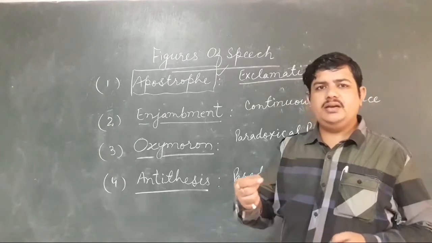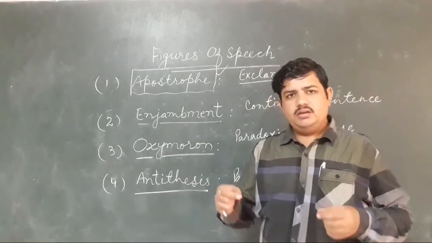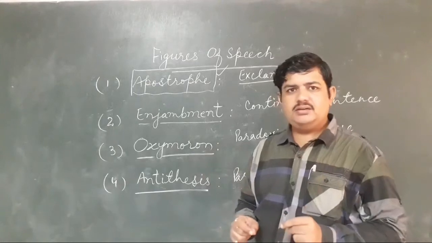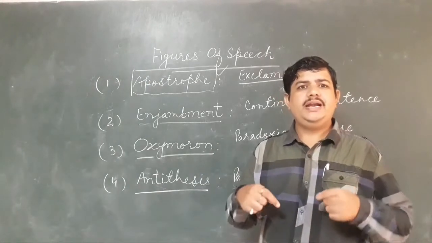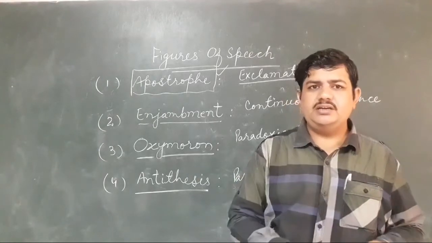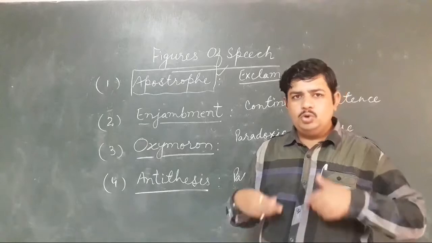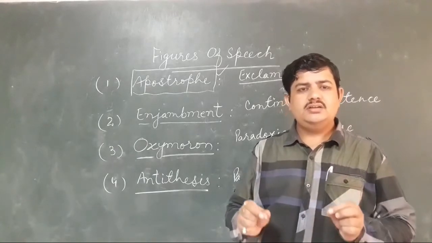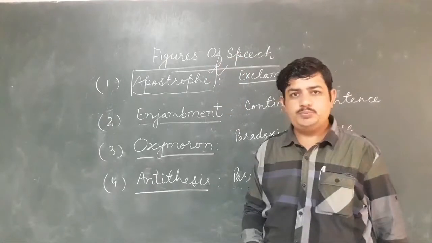That character may be dead or absent from the scene, and when another character, out of exclamation, addresses those absent or dead characters, this is presented through this figure of speech.